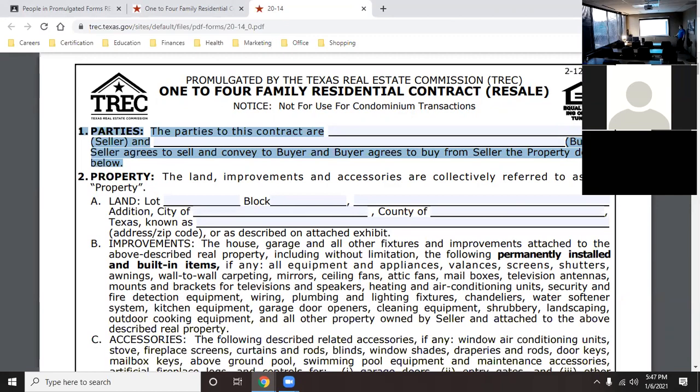Now, it is extremely important as a real estate agent, number 1, that you don't guess how to spell names, okay? If you don't know how to spell Justin, then you need to just say, hey, Justin, how do you spell your name? You have to make certain.